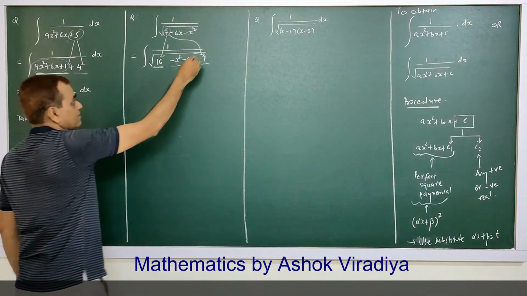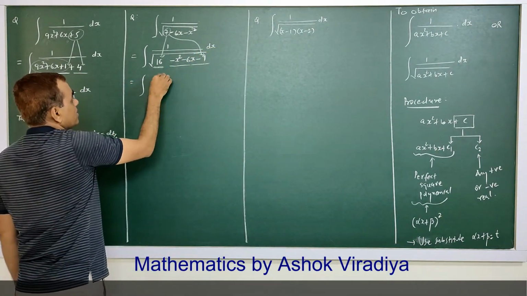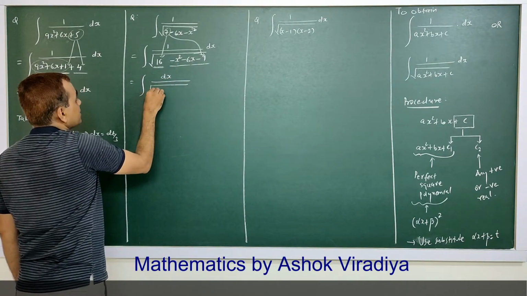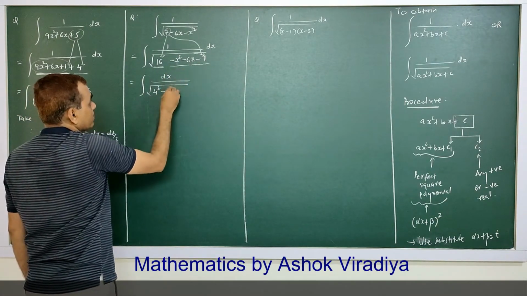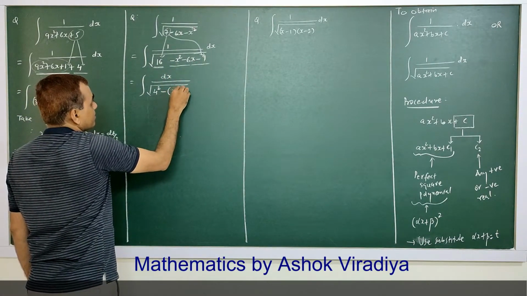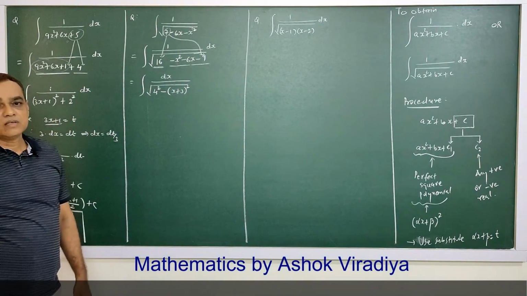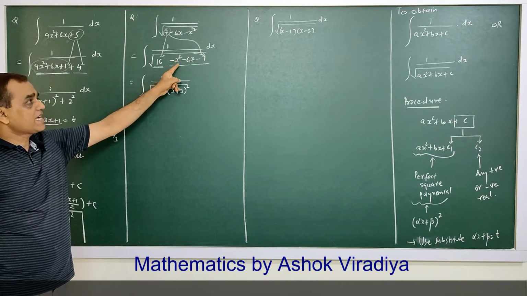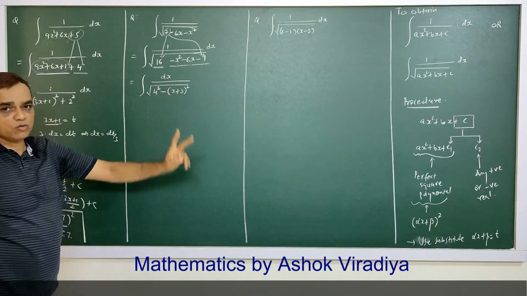So dx, this can be written as dx upon the square root of 16, which is 4 square, minus, taking minus common, x plus 3 whole square. Taking minus common, it will be x square plus 6x plus 9, so x plus 3 whole square.